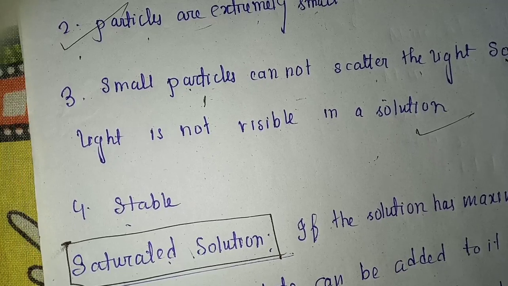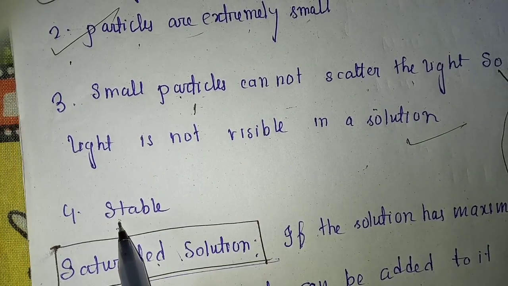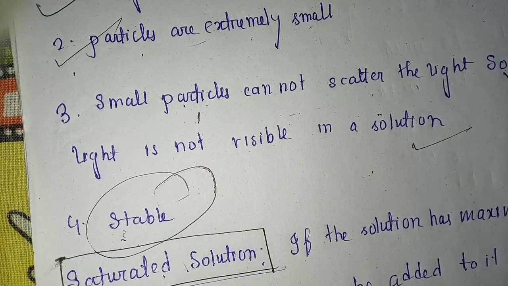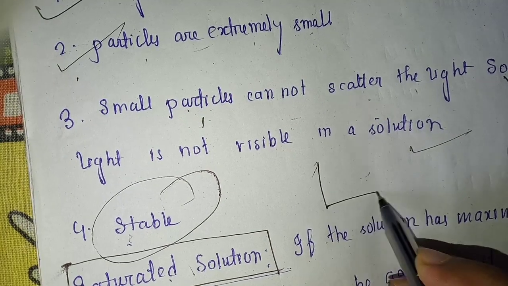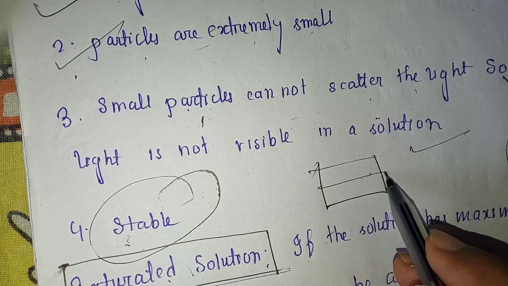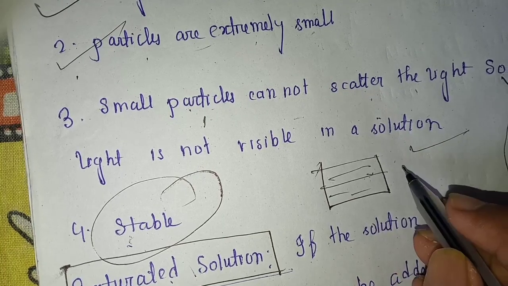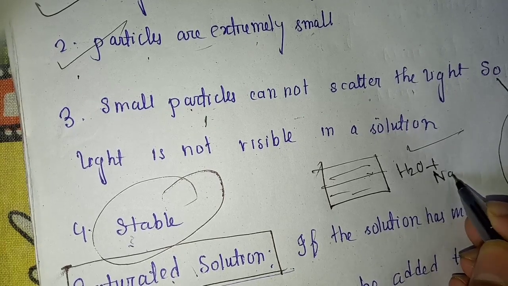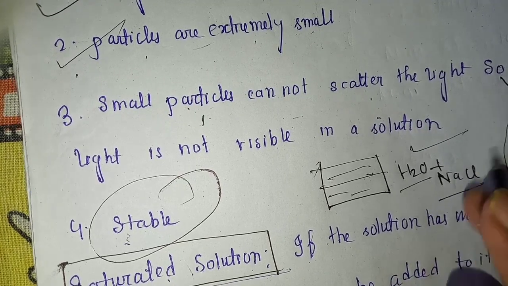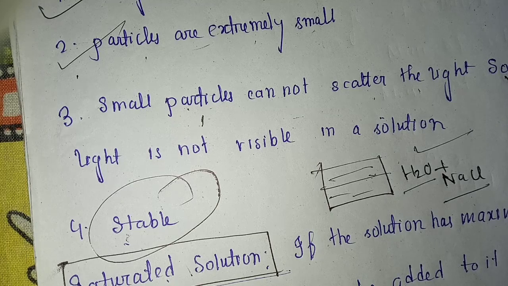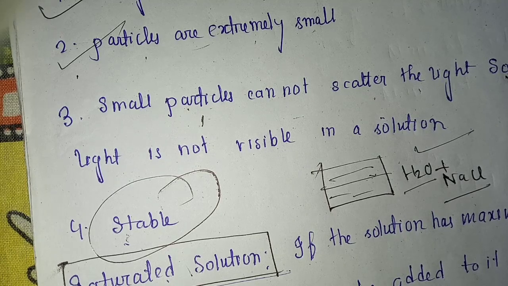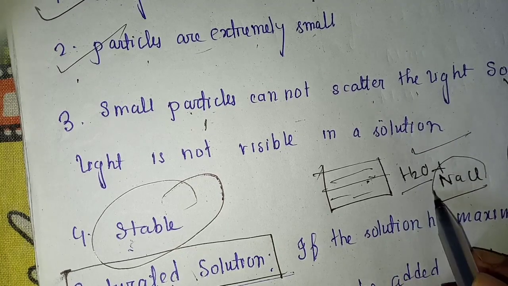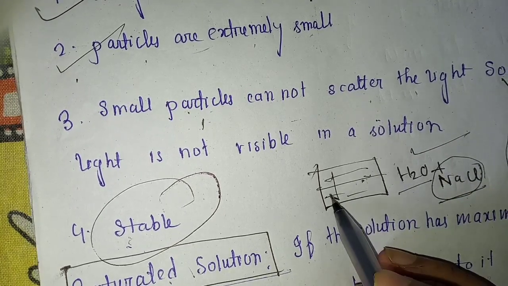The fourth point is, it is stable. Now what does it mean? Suppose I have taken a solution here. Say, for example, it is the solution of H2O plus NaCl, meaning salt and water. If I keep the solution for a time, automatically the particles of NaCl will not go down.